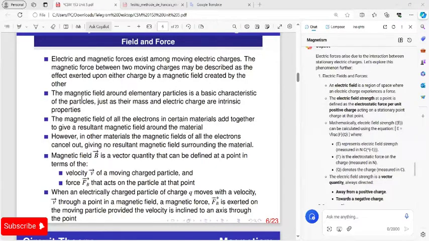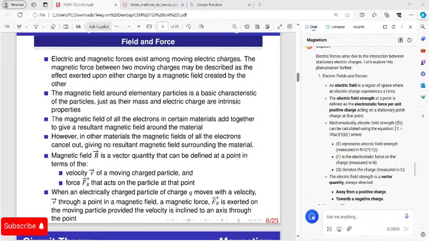So from here we know that the magnetic field around elementary particles is a basic characteristic of the particle, just as their mass and electric charge are intrinsic properties. And also, the magnetic fields of all the electrons in a certain material add together to give a resultant magnetic field around it. Let me explain this a bit.